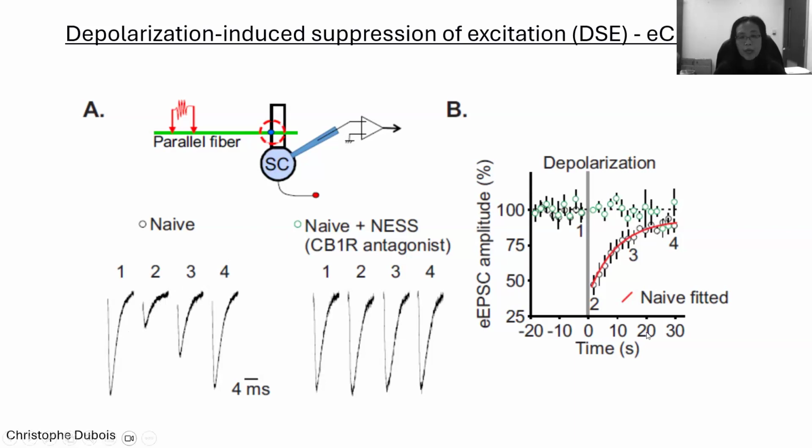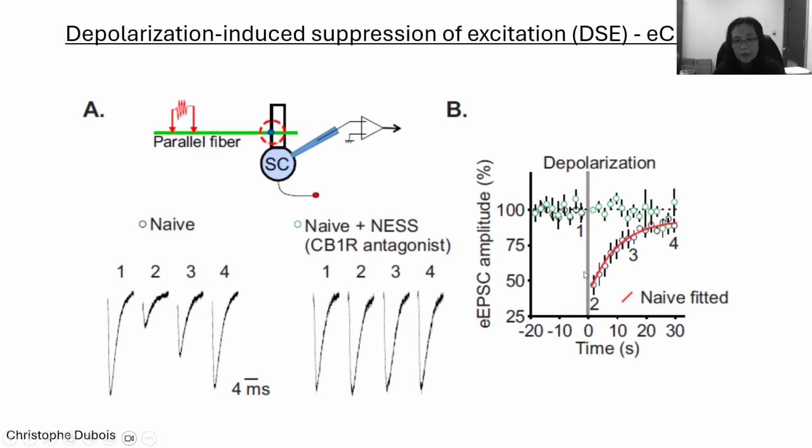Then 10-15 seconds later, the evoked EPSC amplitude starts to increase compared with immediately after depolarization. About 30 seconds later, it is almost back to the control level. So he will plot it, normalizing each of these amplitudes to the average control level.